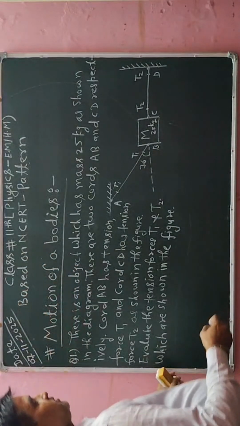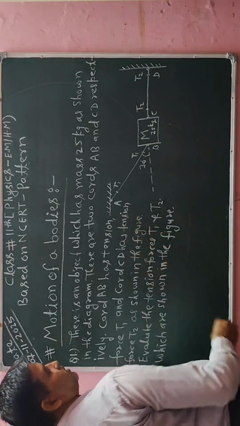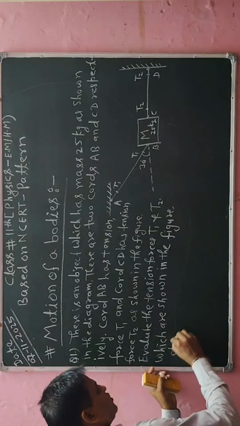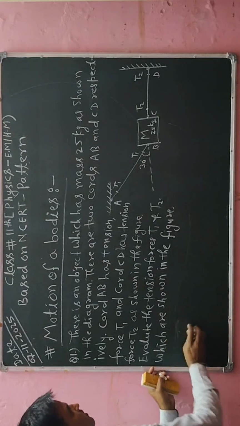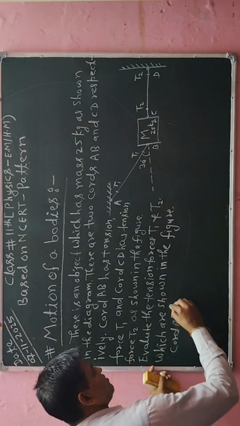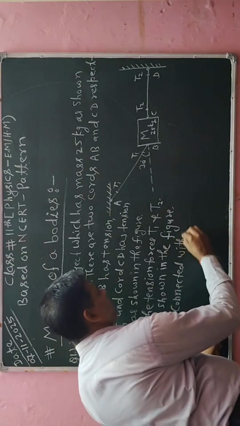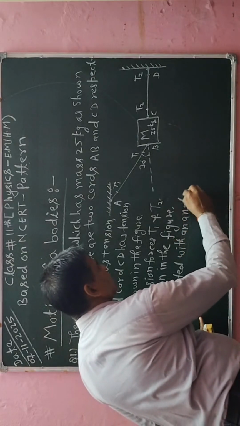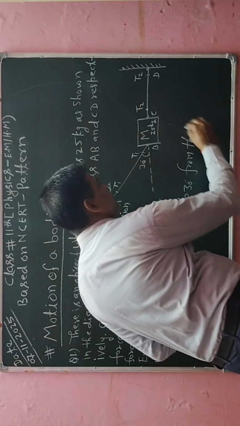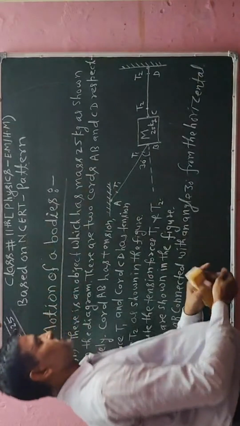So the angle between the object through chord AB: chord AB is connected at 30 degrees from the horizontal.